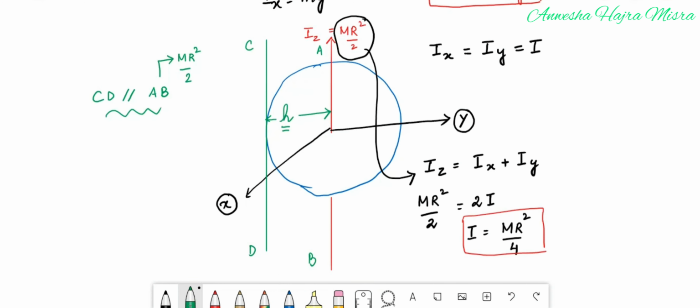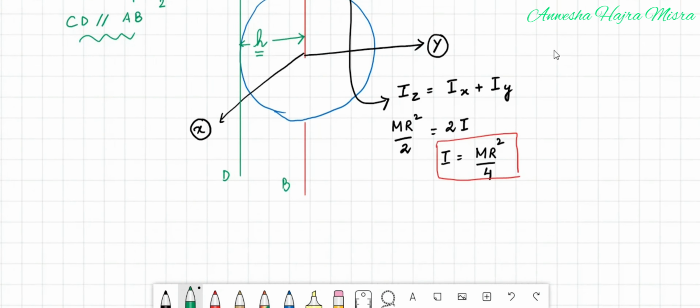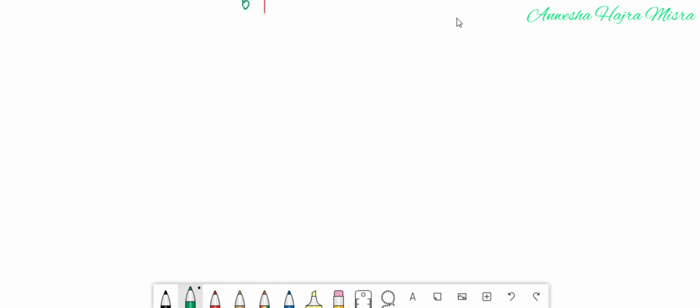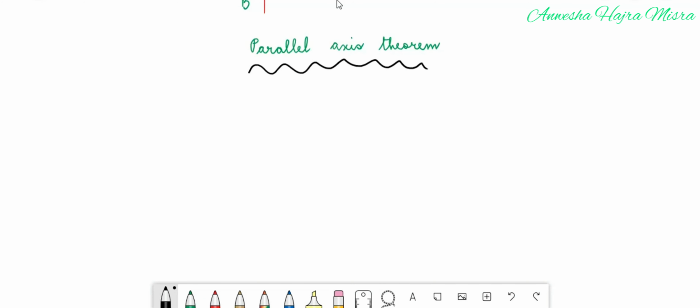Now in this case, we have to use the parallel axis theorem. So let us see what the parallel axis theorem is. Say we have a body here.